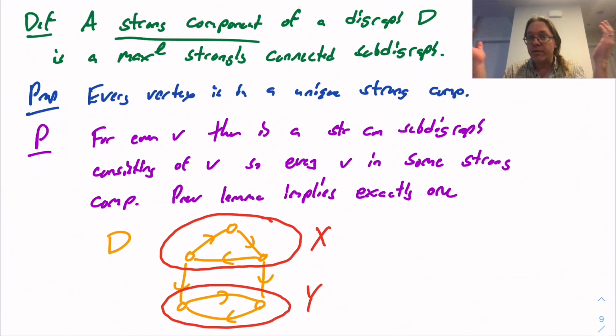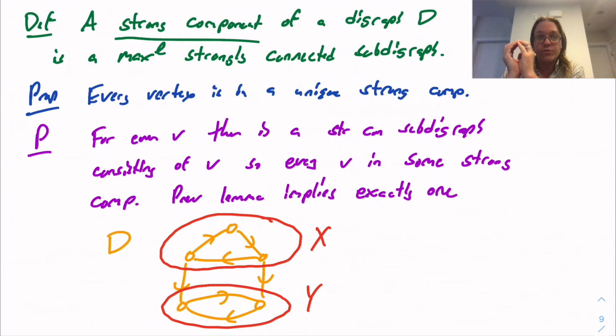So this is getting a little bit more complicated, right? Like, again, in the setting of undirected graphs, when I gave you the connected components, that's just the end of the day for everything you'd want to know about the presence of walks from one vertex to another. We've now defined an analogous concept, which is that of a strong component. So this is going to be a maximal strongly connected subdigraph.